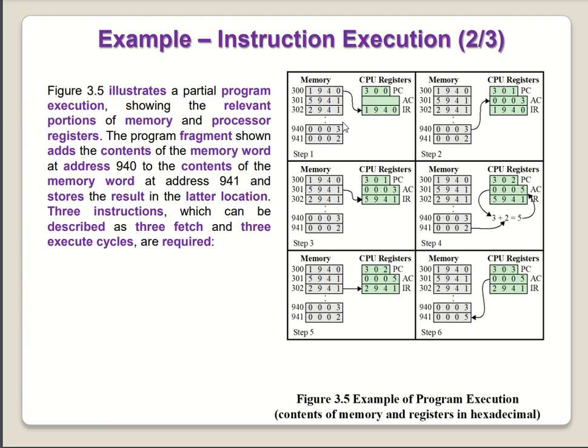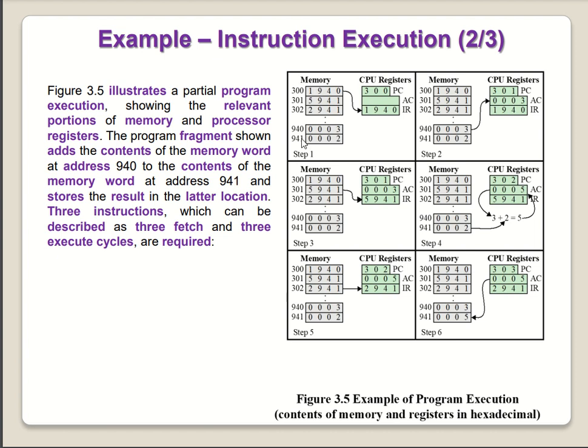As per John von Neumann, your program and data are stored in the memory. Can you see in the top left figure, there is memory and then the CPU registers. In memory, the addresses are 300, 301, 302, and these are all instruction memory. Addresses starting from 9 are data memory.